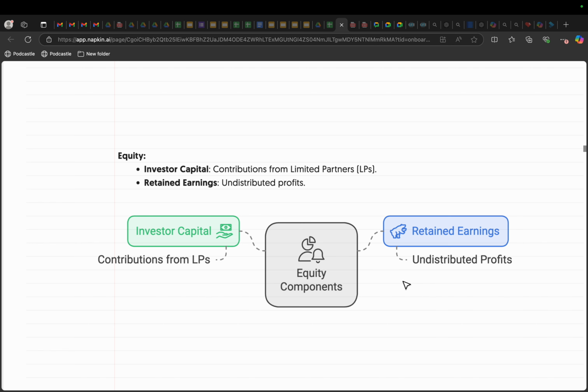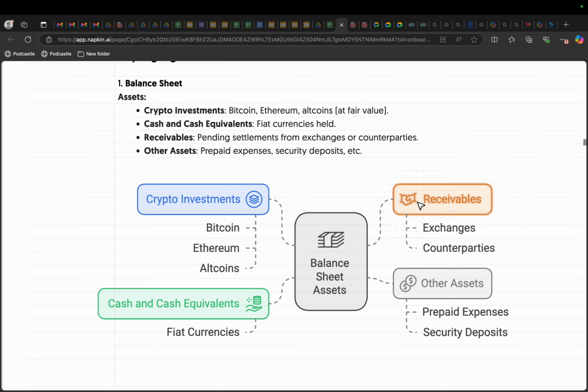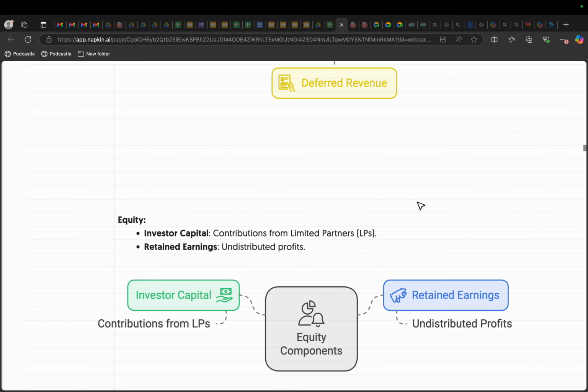Those undistributed profits you also need to report under equity, and you can add it to the equity capital. So this is how your balance sheet looks. Let me summarize: the balance sheet represents assets, liabilities, and your equity part.